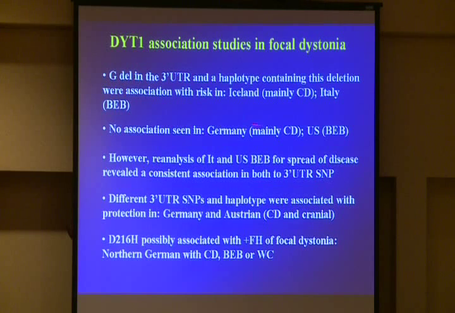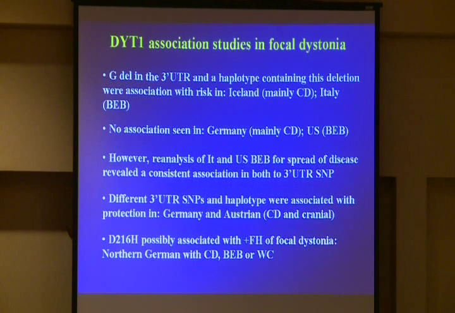There's no association seen in a German cohort, mainly of cervical dystonia, and also in this blepharospasm cohort from the US. But then you heard that they did a reanalysis of the Italian and the US blephs, not looking at bleph itself, but looking for the spread of the disease. And when they do that, then they find that there's a consistent association in both the US and the Italian.